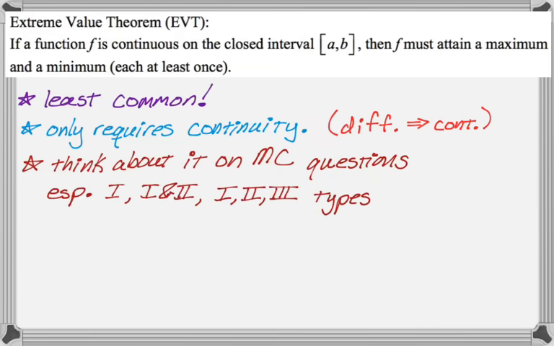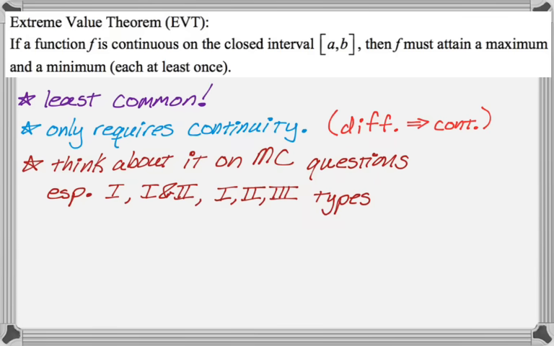It comes up as a justification a lot on those. In particular, those questions where you have option 1 and 2, or option 1, 2, and 3, and you have to decide which of them are true. So frequently you'll be told the function is continuous, and option 1 maybe says it definitely has an absolute minimum. And that has to be true because the function is continuous. But if you don't know this theorem, you might have to think a lot or work it out.